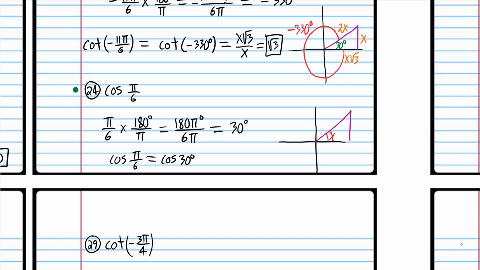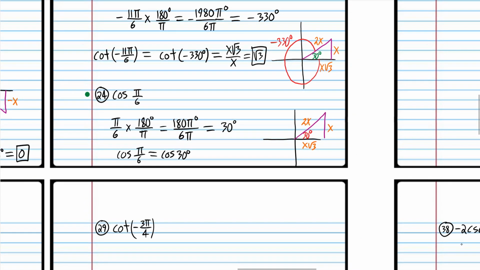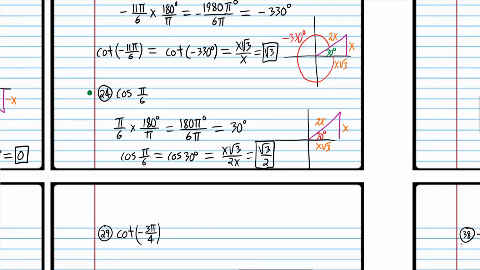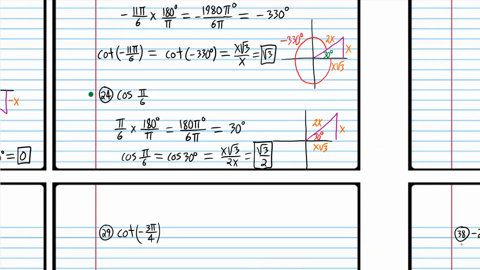The reference angle is 30 degrees. So we're dealing with a 30, 60, 90 triangle, obviously. The opposite side is x, the adjacent side is x root 3, and the hypotenuse is 2x. And cosine is defined to be the side adjacent the red reference angle divided by the hypotenuse, so we have root 3 over 2. So cosine pi over 6 is root 3 over 2. So if you got that right, good.